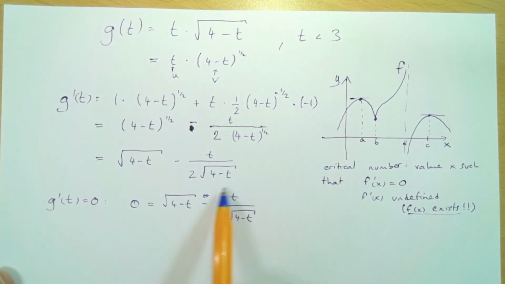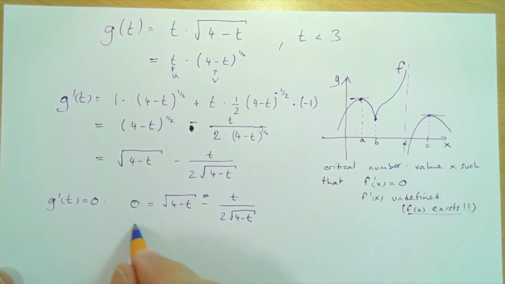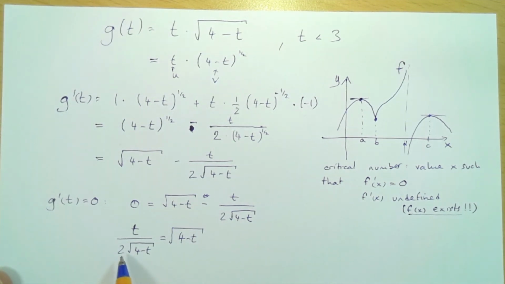If I add this term to both sides, I get t over 2 root 4 minus t equals root 4 minus t. And then if I multiply by the denominator, I get t equals 2 times square root of 4 minus t times square root of 4 minus t. So basically square root of 4 minus t squared, and so it's just 4 minus t.